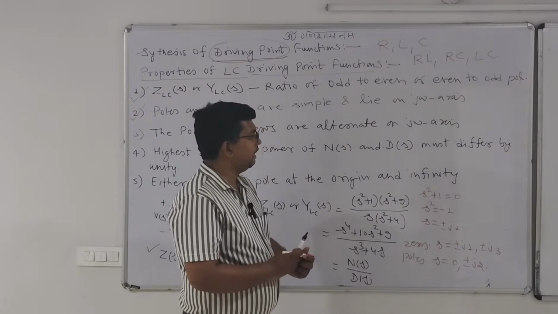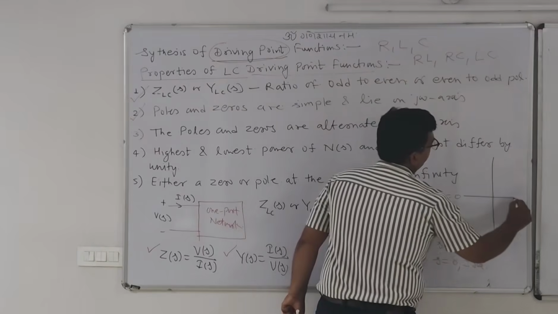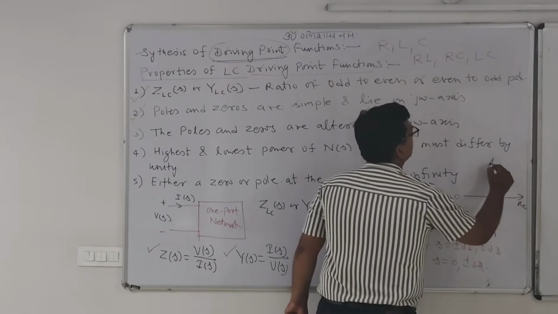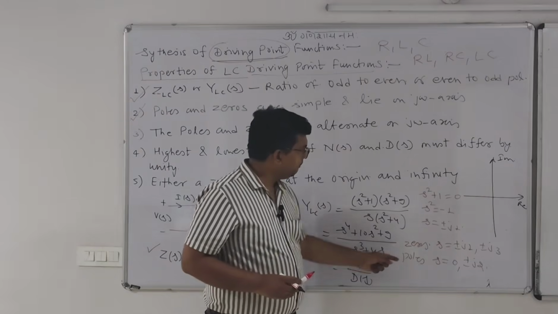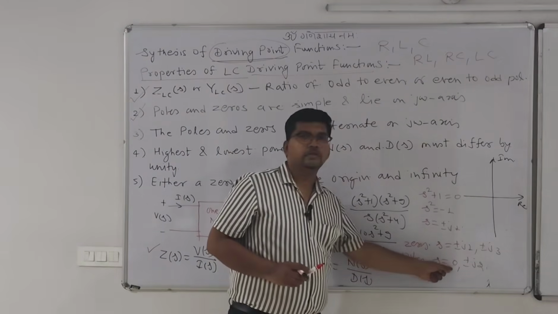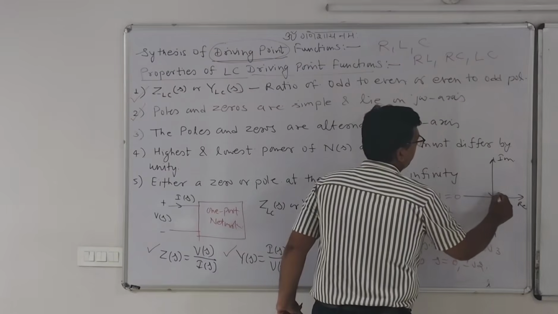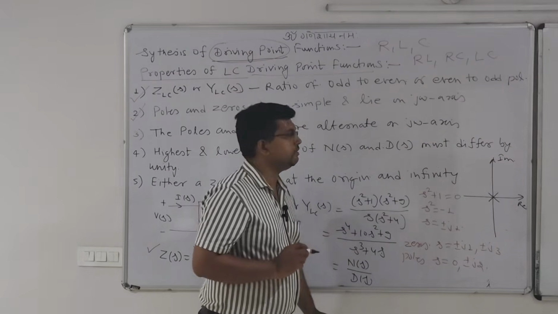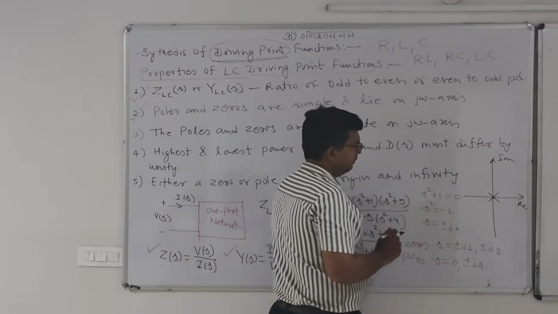Now, if we draw these poles and zeros in the s-plane, what will happen? This is the real axis and this is the imaginary axis. How many poles? There are three poles. One pole is at the origin. We know that poles are represented by a cross. So this is at the origin.